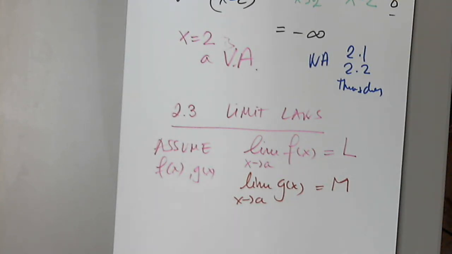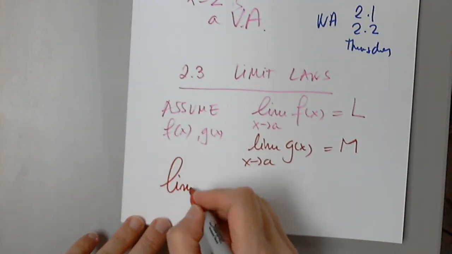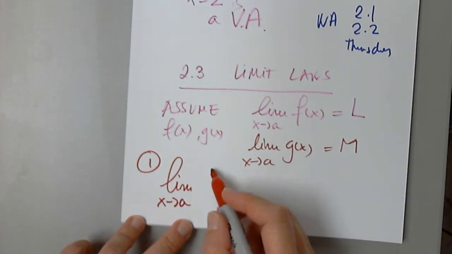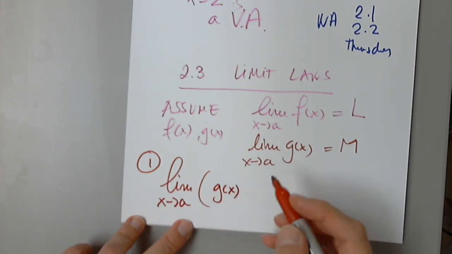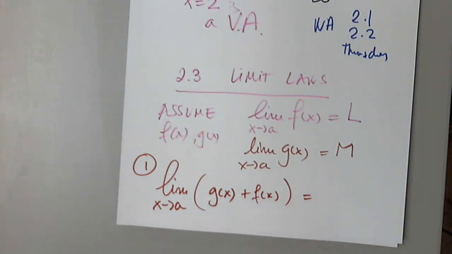And here is the first limit law. As x approaches a from either side, of f of x plus g of x. Sorry about that, I rushed.